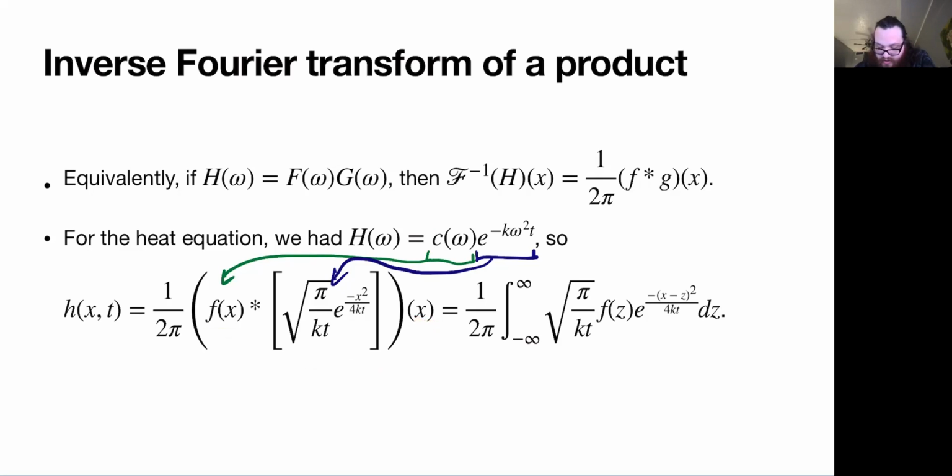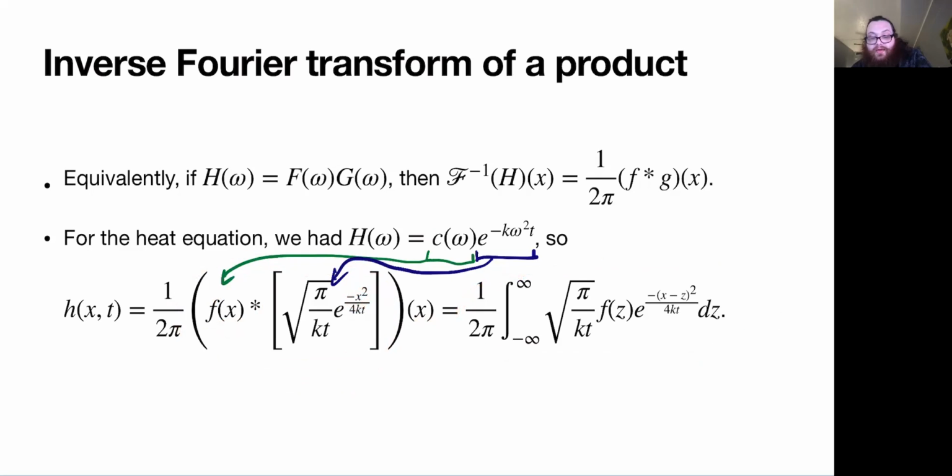And so then, what is this definition? Integrate out this dummy variable, and then say this one in here, you plug in x minus z. And that's exactly what we have here.